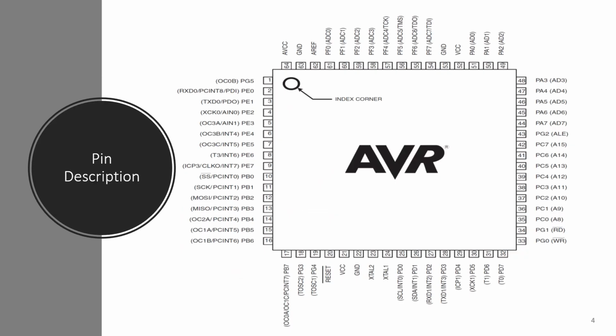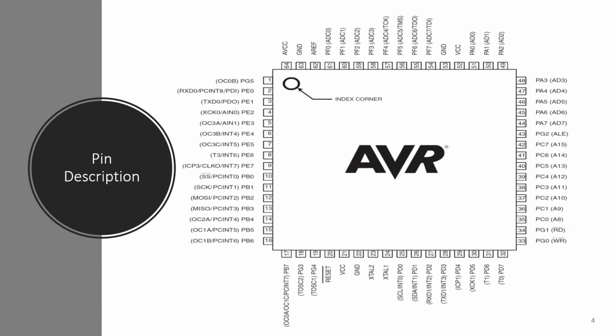The Atmega 2560 has 11 ports, namely port A, port B, port C, port D, port E, port F, port G, port H, port J, port K, and port L. All the ports are 8-bit bidirectional input-output ports with internal pull-up resistors.